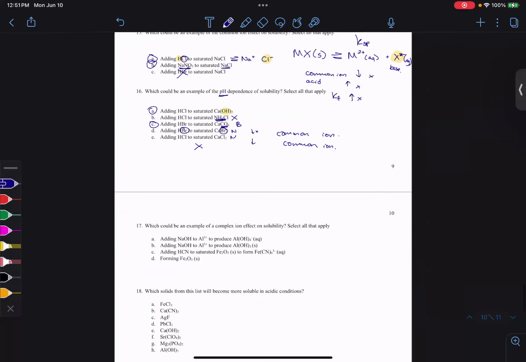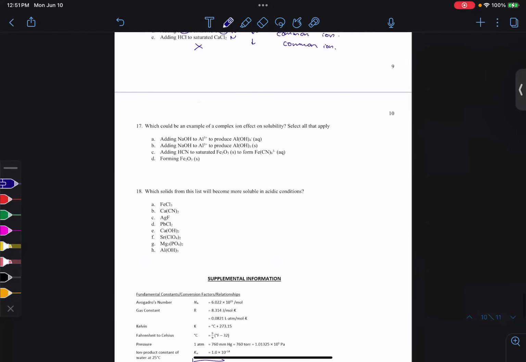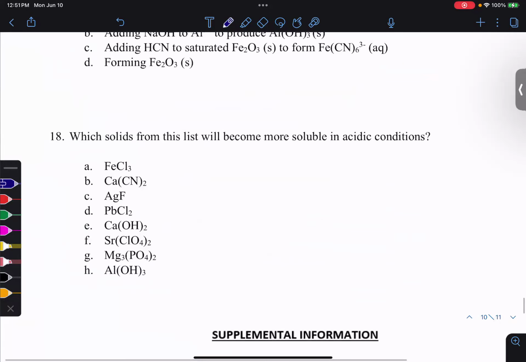And actually on that, let's just do number 18 then. Which solids from this list are going to become more soluble in acidic conditions? So what kind of salts are we looking for? Basic ones, that's it. So let's make it a chapter 16 question. Are these salts acidic, basic, or neutral when they dissolve in water?